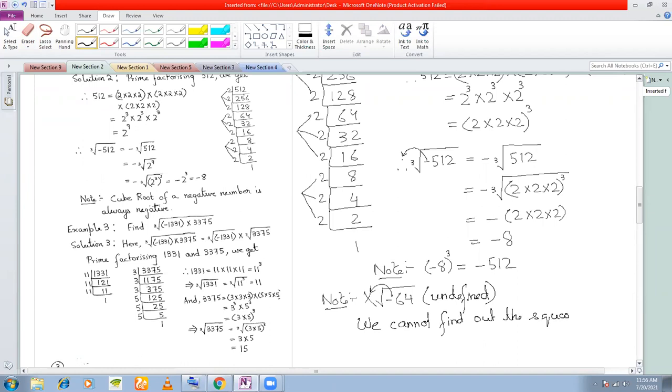When you go to higher classes, then you will learn how to find out the square root. For the time being, just know that we cannot find the square root of a negative number. However, we can find out the cube root of a negative number. Okay, so that is what you must know. Let us move to the next example.